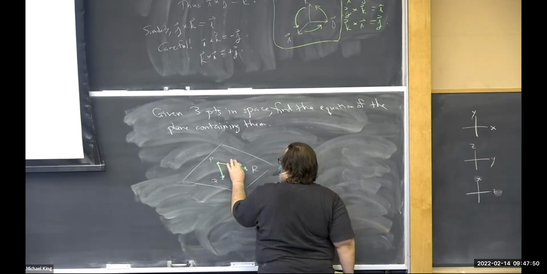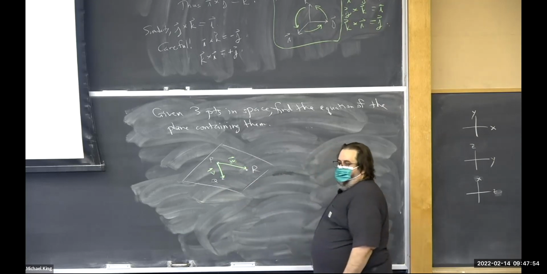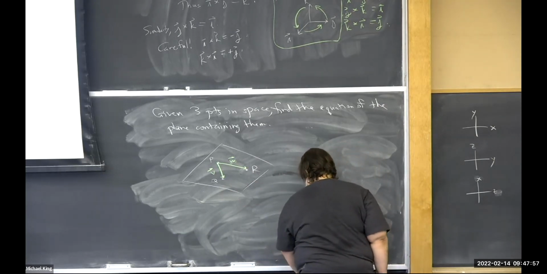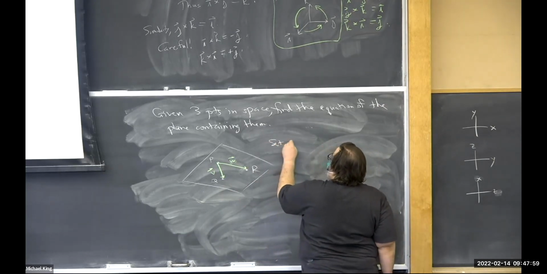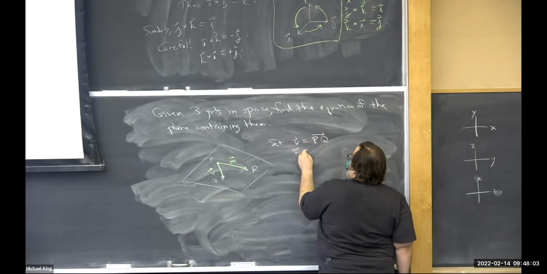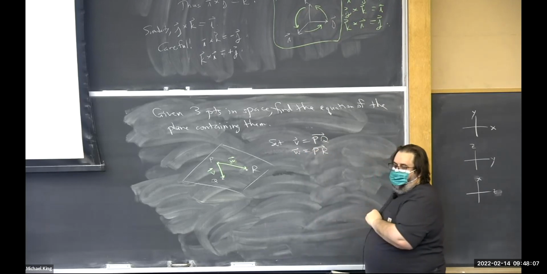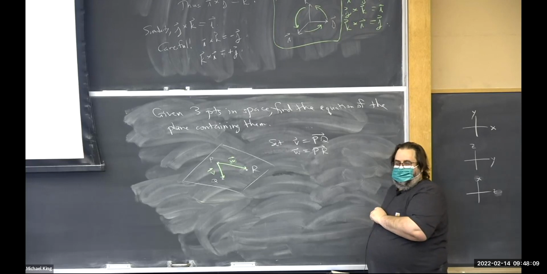We can call this V and this W. Set V to be the vector from P to Q, set W to be the vector from P to R.